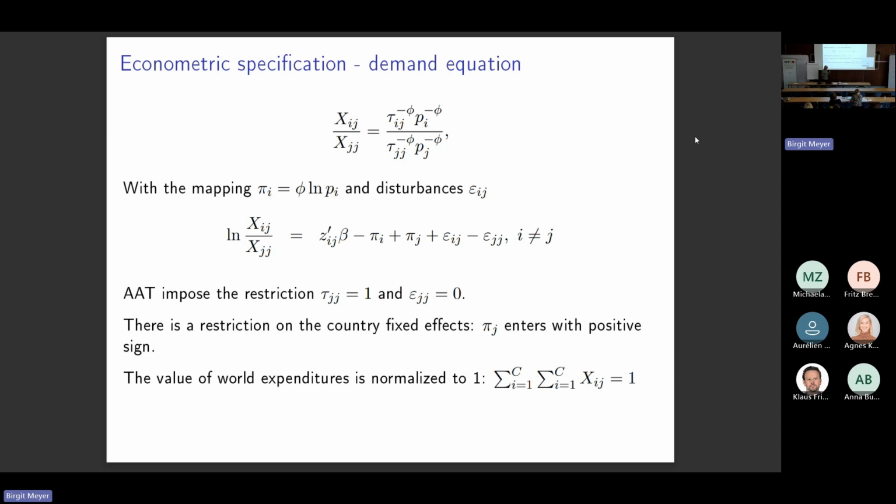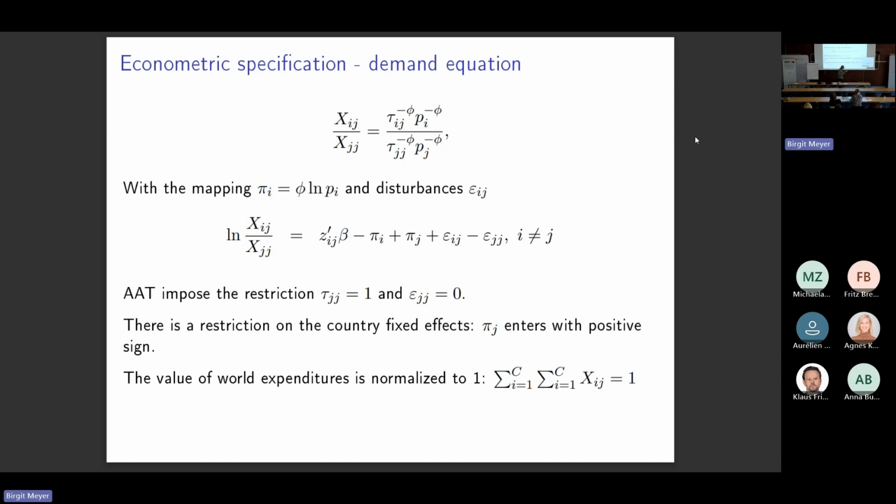And that means they first said, well, let's look at the relative model, xij over xjj, okay? Then you see that for each destination j, the income is eliminated, and also the price index is eliminated.